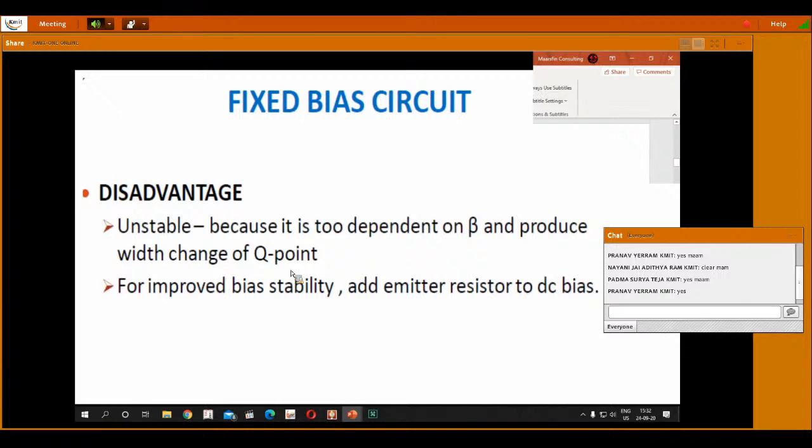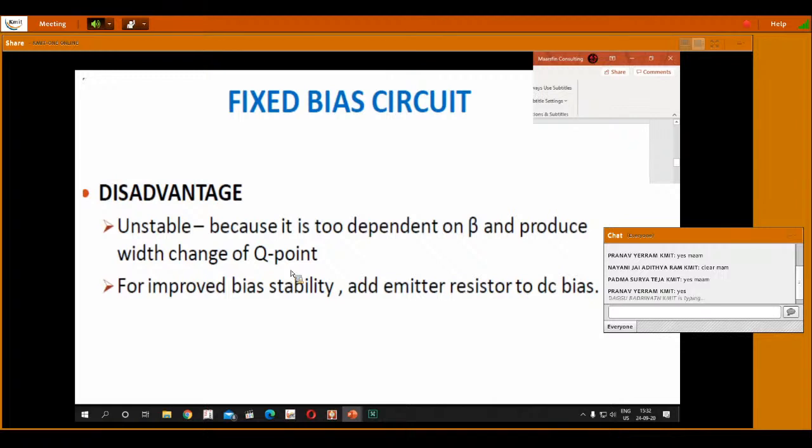It should not move the operating point based on the magnitude of voltages at the base to emitter junction or collector to base junction. It should not move if your temperature increases, or if your base to emitter voltage changes, or if your current gain changes. If it changes, it should not affect the quiescent point.